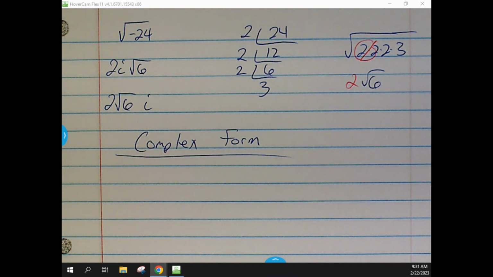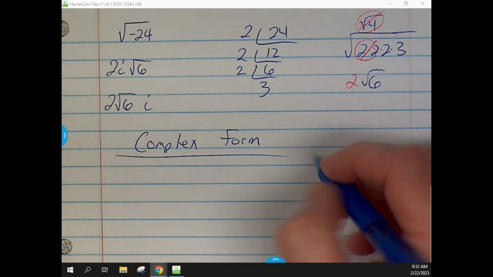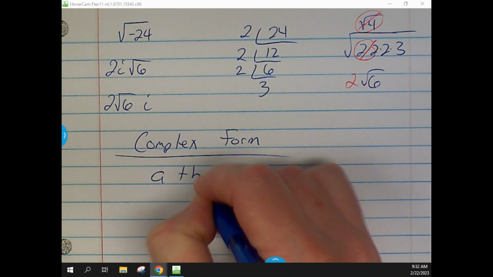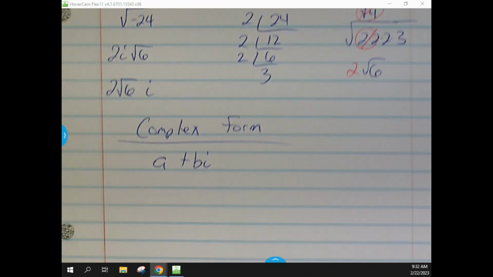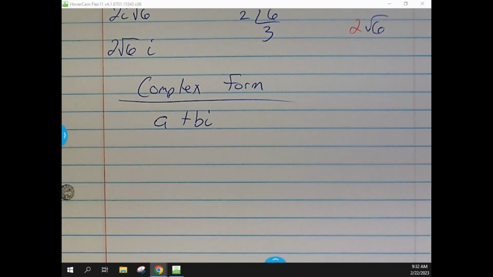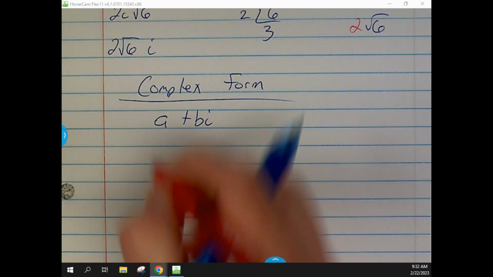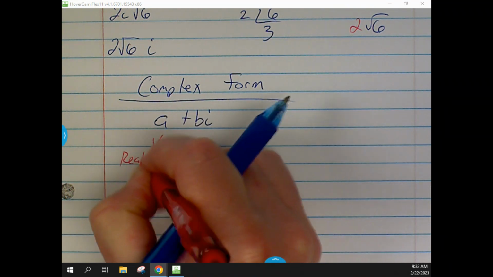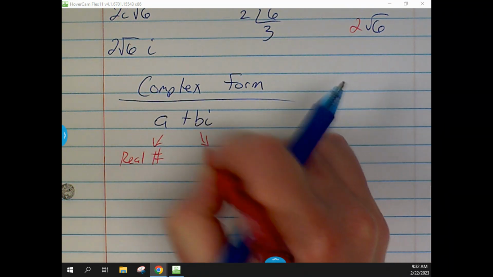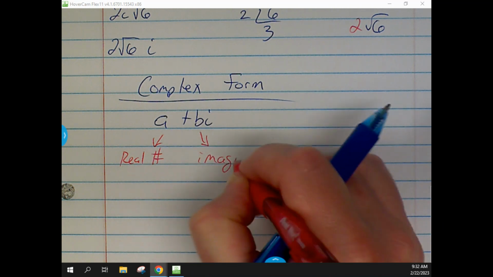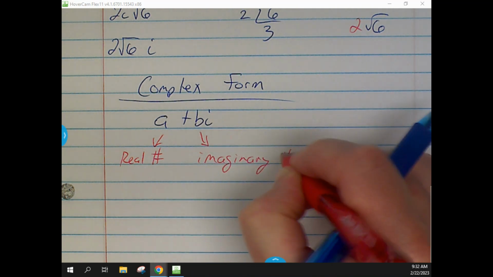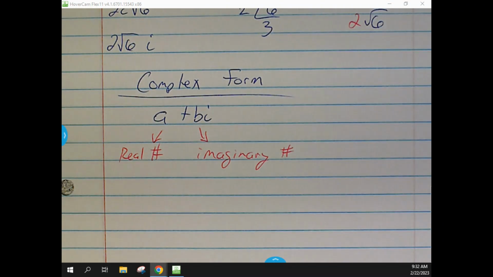All right, so when they talk about complex form, it's a plus bi, where a is the real number part, and your imaginary part is the part that's second. So you've got a real number, like 2, and an imaginary number like 3i or something like that.